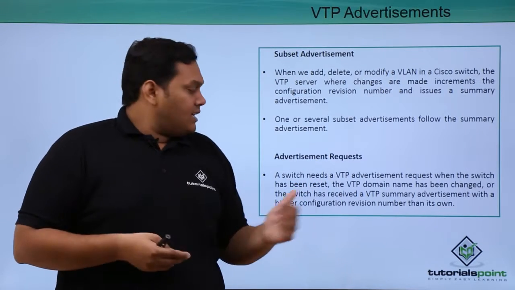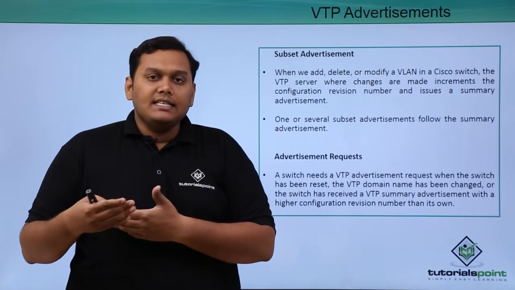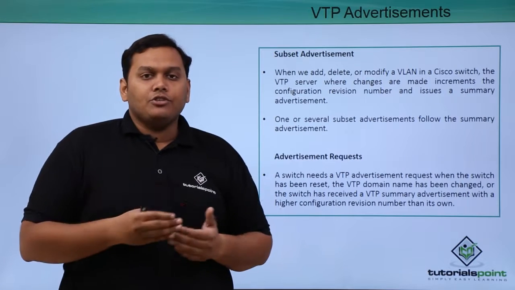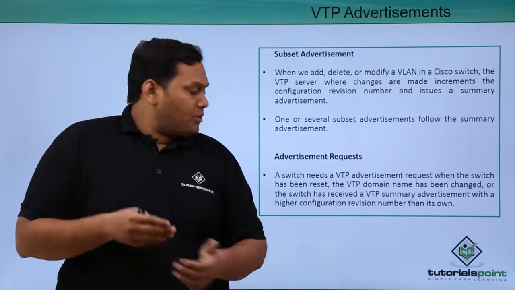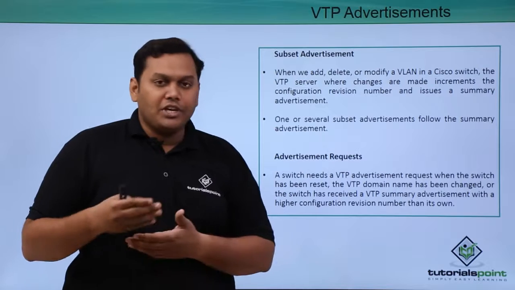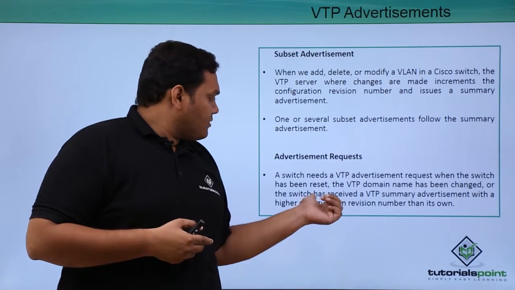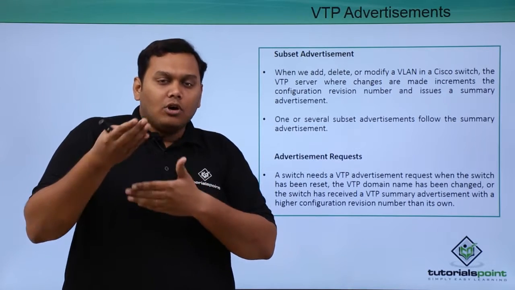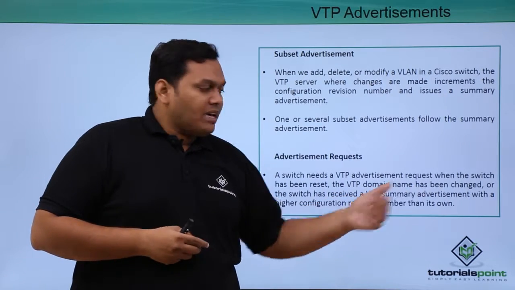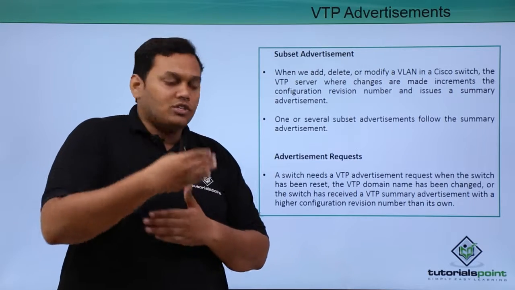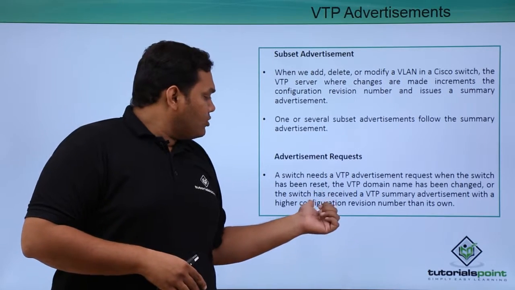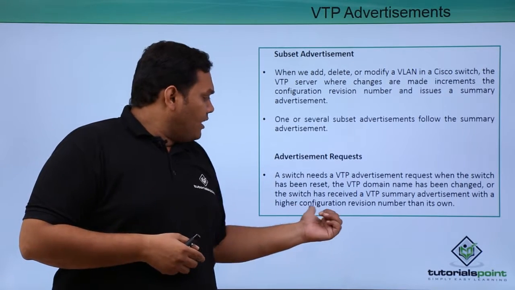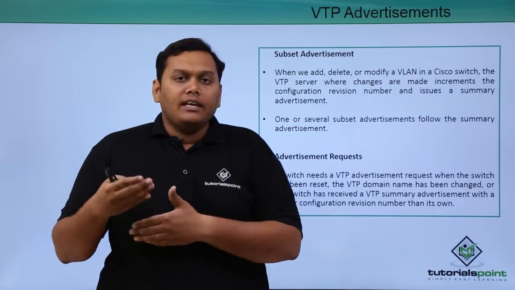When a switch is reset, or the VTP domain name has been changed, the advertisement request is used. Also, if the switch receives a VTP summary advertisement with a higher configuration revision number than its own, the switch sends an advertisement request.